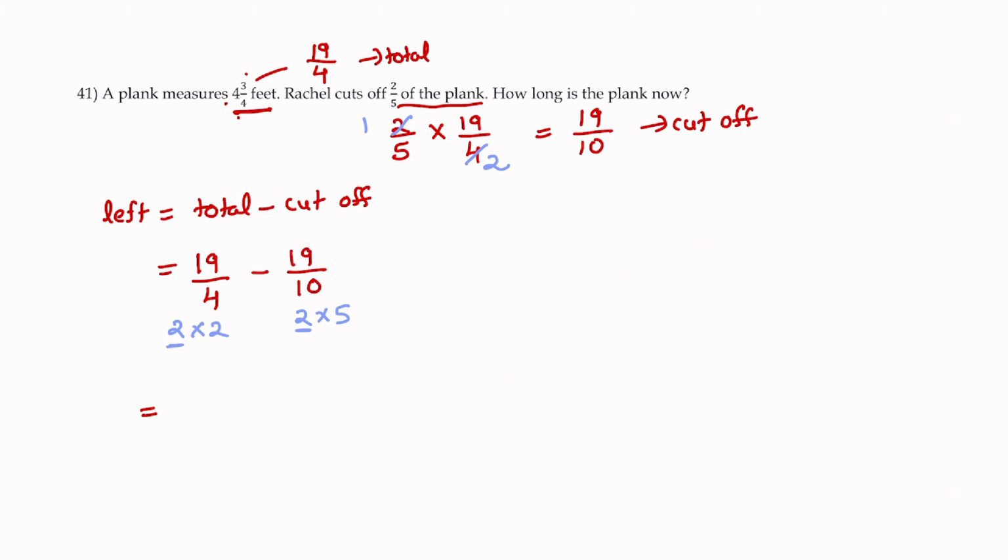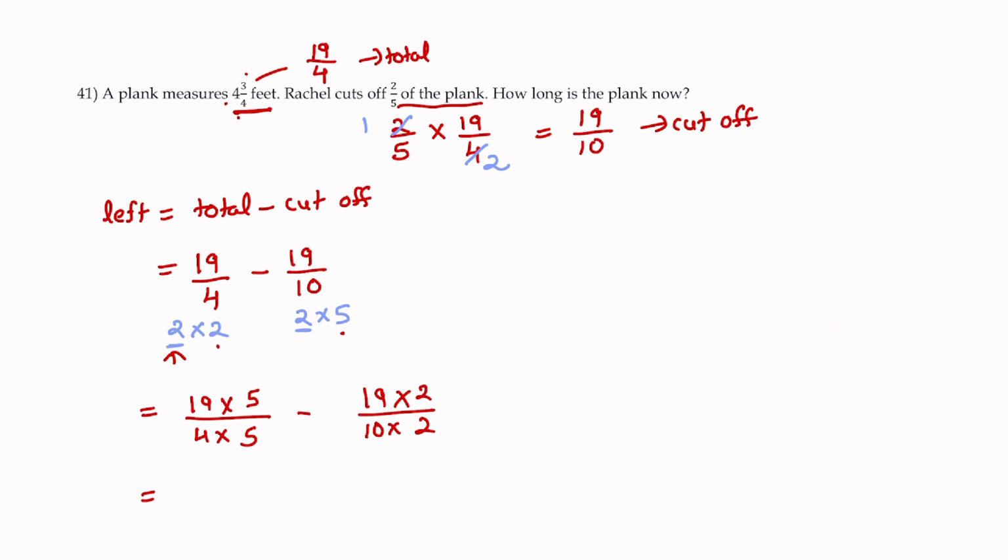So that's basically 19 upon 4 times minus 19 upon 10 times. What's uncommon here? 5. So we write 5 and 5. What's uncommon here? 2 and 2. I know we have 2. This is common, right? But we still have one more 2. So we got to consider that.